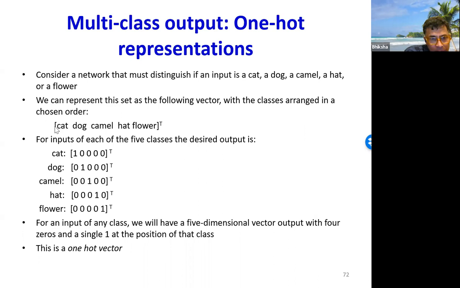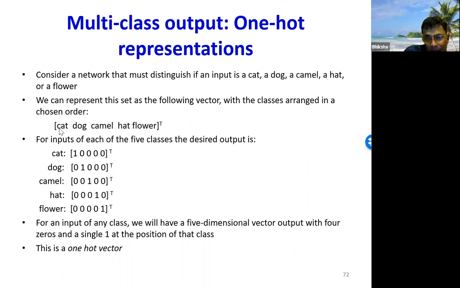So in our example, we're going to list our 5 classes: cat, dog, camel, hat, and flower in a chosen order in this vector. Then an instance of each class becomes a binary vector where all components are 0 except for one component.